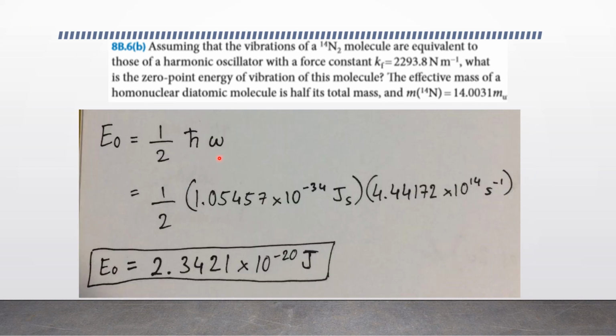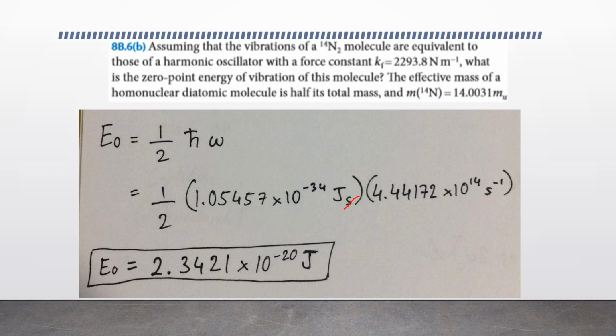And since we've solved for the omega, we can go back to the original equation, where the zero-point energy is equal to 1/2 times h bar times omega. So plugging in the value, 1/2 times h bar, the reduced Planck constant, which is 1.05457 times 10 raised to negative 34 joule seconds, times the omega, which is equal to 4.44172 times 10 raised to 14 per second.